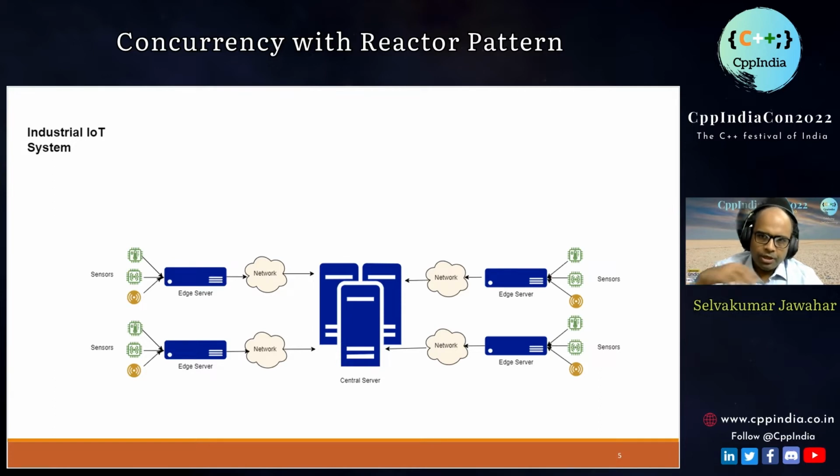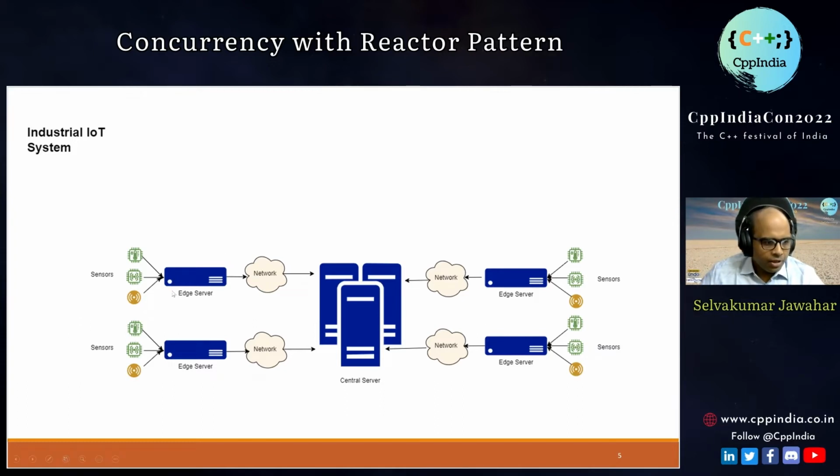Typically these edge servers are located in an industrial system. It could be located in a different plant, production plant or production line, or in weather monitoring systems it could be located at a certain station. So these are the edges.